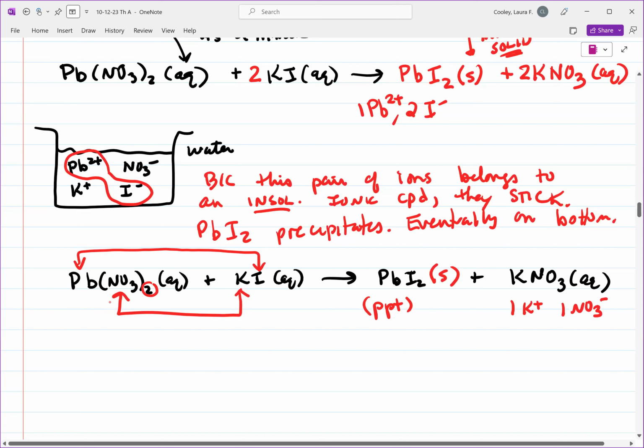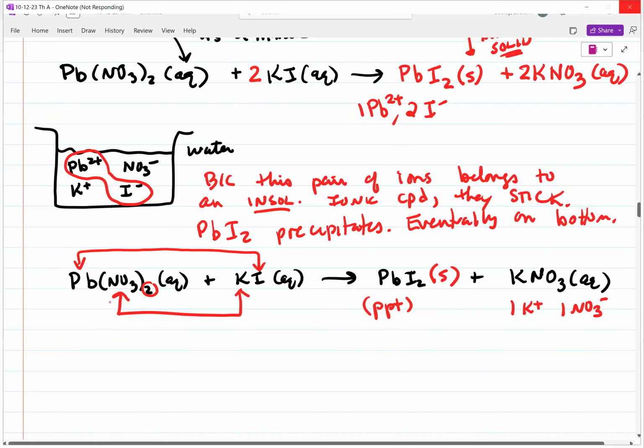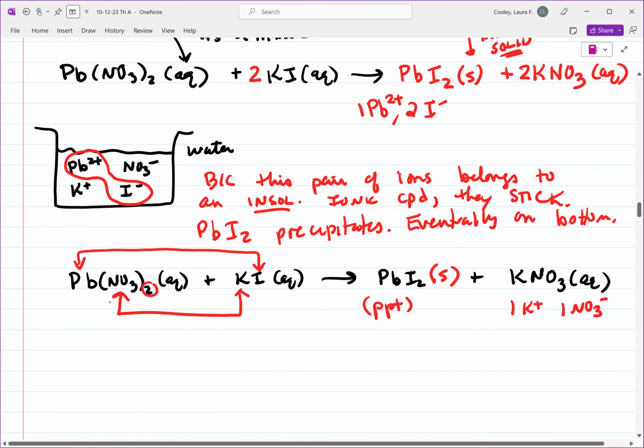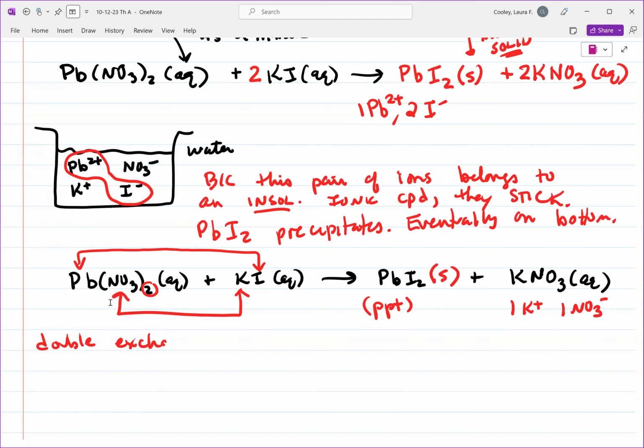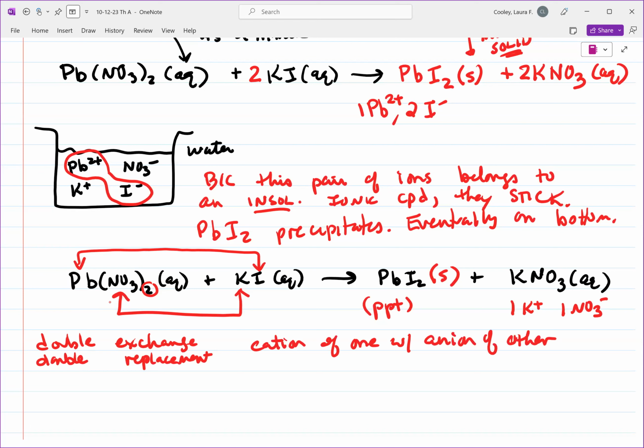Okay, so we call this double exchange or double replacement. You'll see this a lot. Cation of one with the anion of the other. And we do that twice.